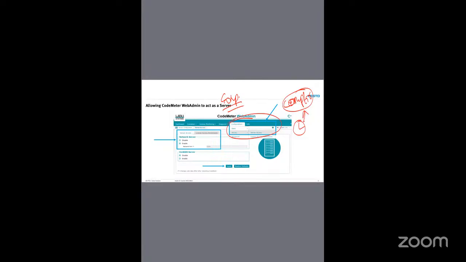So go to configuration, server, network server, enable, and then after that click apply. So if you do like this, then this computer license will become server license.